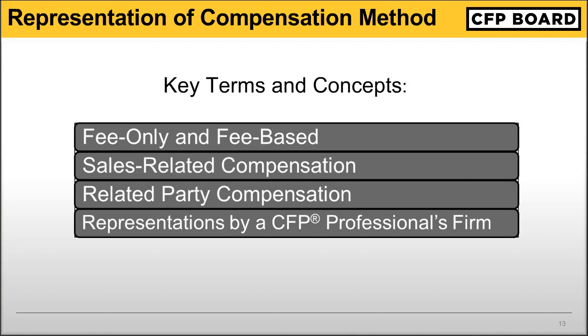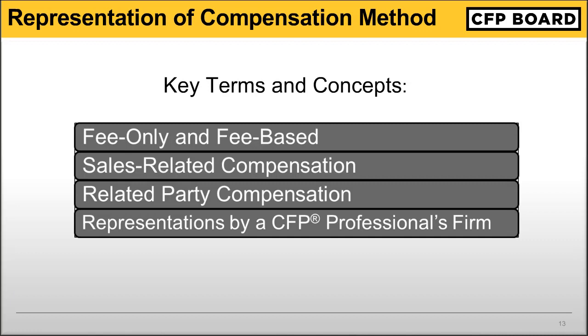Most people commonly use the term commissions, but we use the term sales-related compensation because there are some fees that present an incentive for the purchase or sale of particular financial assets, such as a 12b-1 fee. And so it's not only commissions that fall in this category. So I guess technically you could say, well, someone who is fee only accepts fees. There are some fees that a fee only planner may not accept.